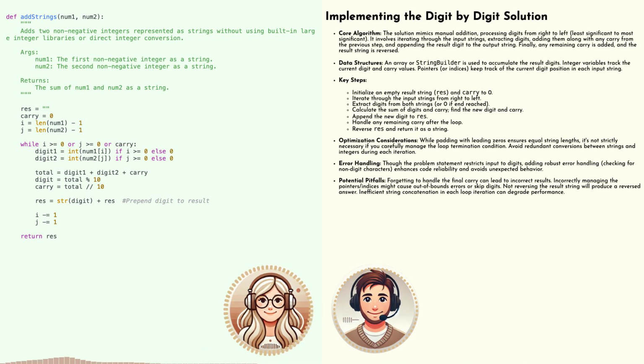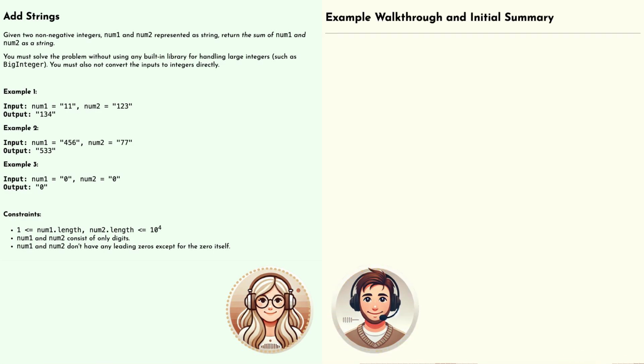We keep adding the corresponding digits, along with any carryover from the previous step. We do that until we hit those leftmost digits. Okay, got it. But how do we actually build that final sum string? Good question. We're constructing our sum from right to left, digit by digit. And then once we've gone through all the digits, we need to reverse the result to get it in the right order. Right. It's like we're writing it backwards. Exactly. Okay, that makes sense.